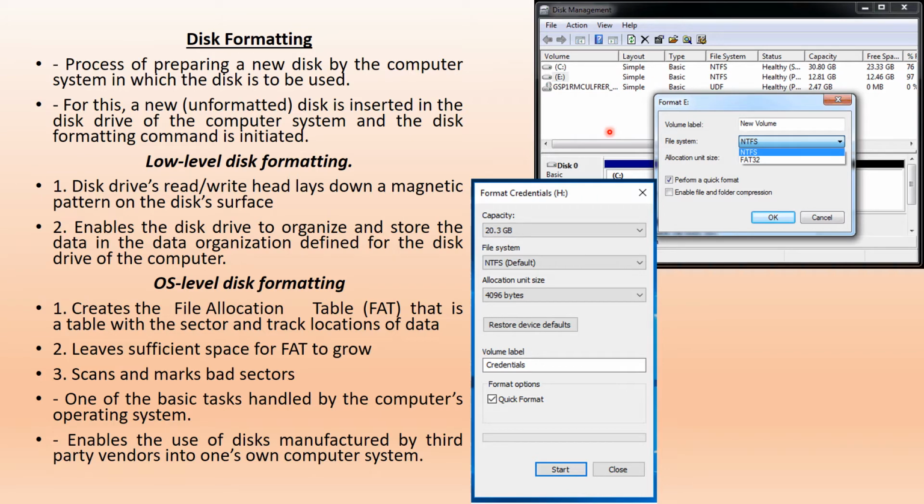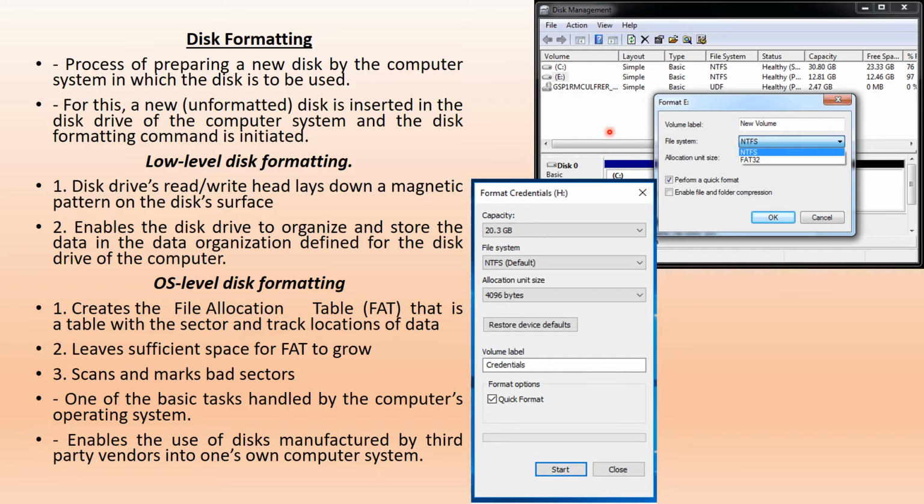Here we have an example, and this also goes along with mobile phones. For example, if you buy an SD card, an external memory for your cell phone, and you insert it into your cell phone, it is going to ask you to format the disk.